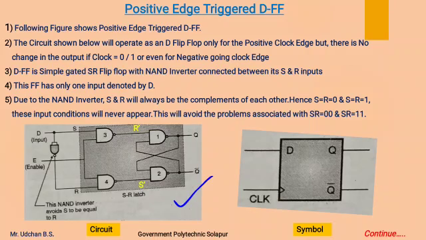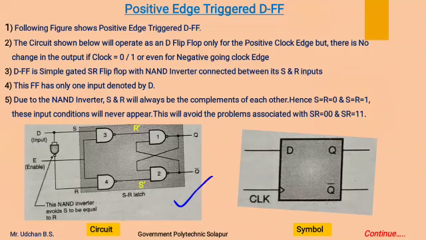Basically, this flip-flop is invented to overcome the drawbacks of SR flip-flop, which are: when S and R both are 0, then output will not change or output goes into the invalid state.